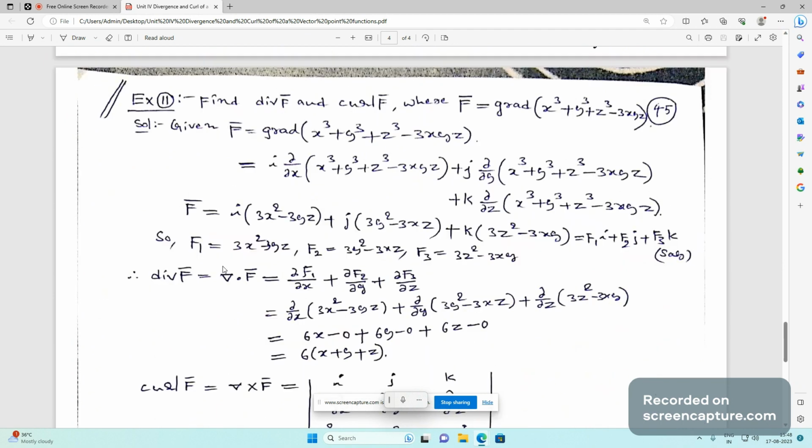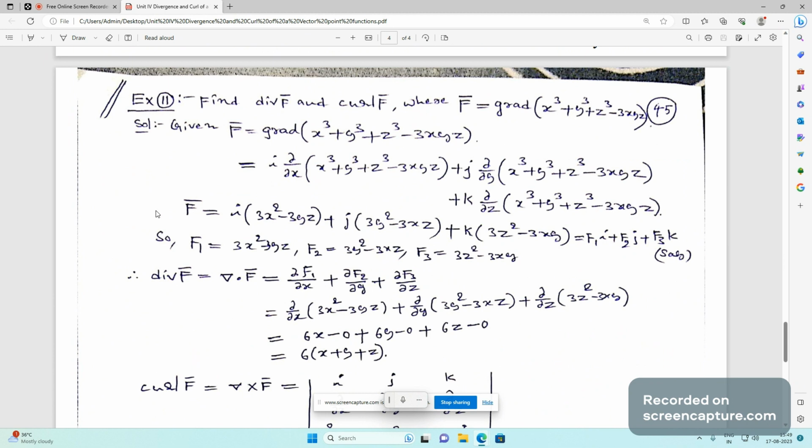Next example. Find the divergence of A bar, curl A bar, where A bar equals gradient of x cubed plus y cubed plus z cubed minus 3xyz. First, calculating A bar. A bar equals gradient of some scalar field. So expanding, i dou by dou x plus j dou by dou y plus k dou by dou z of the scalar function.